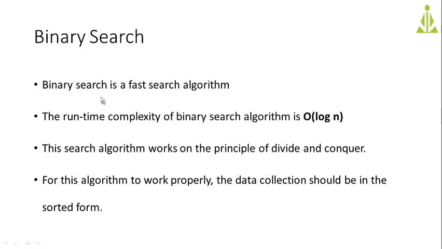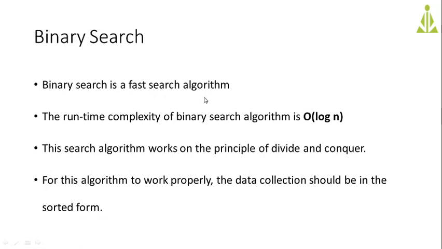So if you want to perform the operation using binary search, you must have your data in sorted order. Binary search uses the divide and conquer technique, its time complexity is order of log n, and it is a fast search algorithm.